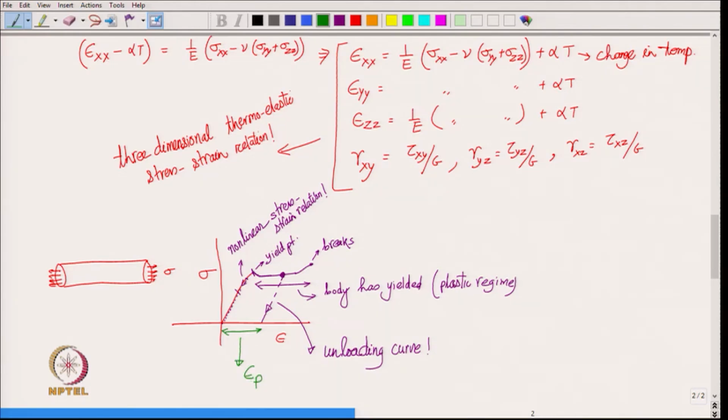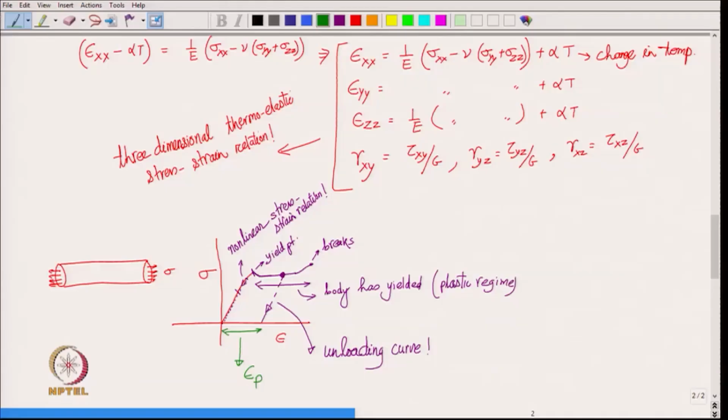All right. So, you see the original curve is actually quite complex, is not it? You have the linear elastic regime, then you go into non-linear elastic regime, then your body yields, and then if you increase your strain, there is no increase in stress, or with even slight increase in stress, there is a lot of strain generating in the body, and that is because the body has yielded, and therefore, the curve is almost flat.